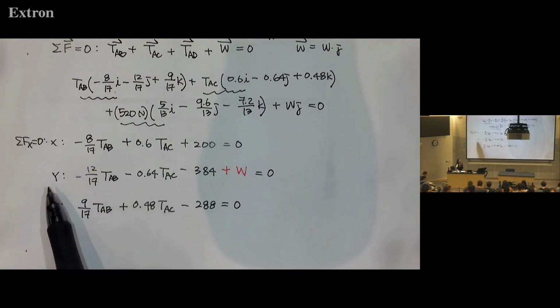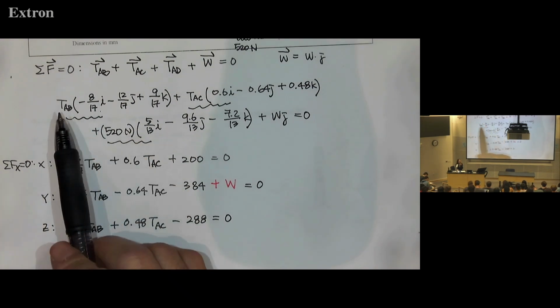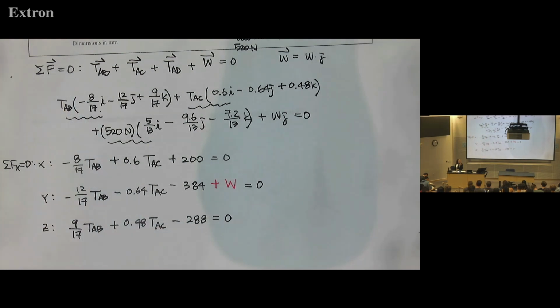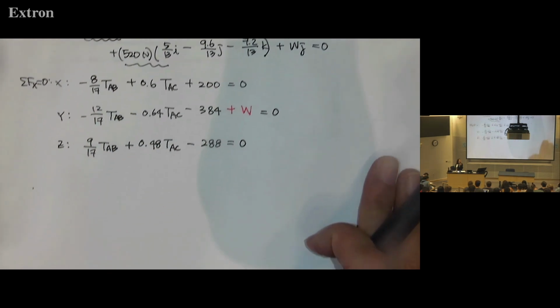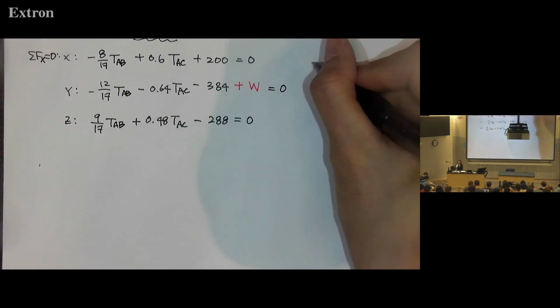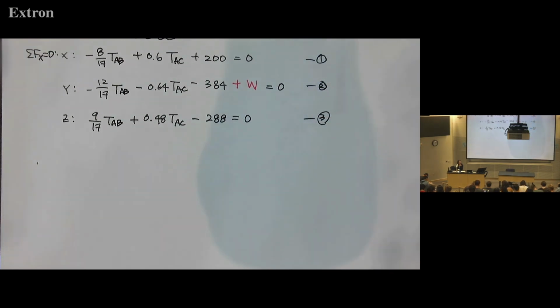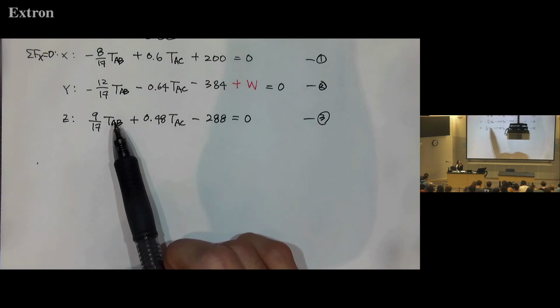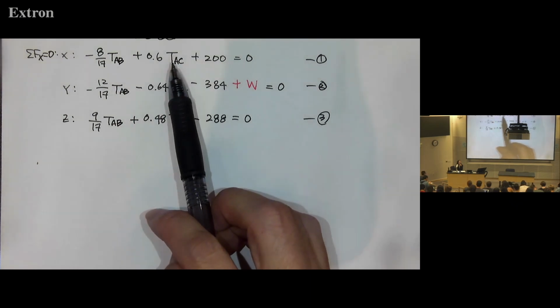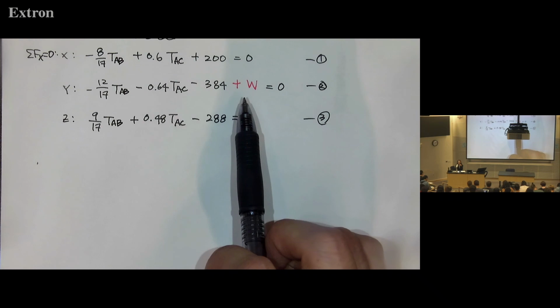So these three are three scalar equations. And then the first equation is this vector equation, the same. Okay. And then now we have these three equations. So let's say this is 1, this is 2, and this is 3. And we have how many variables? TAB, TAC, and W, 3.